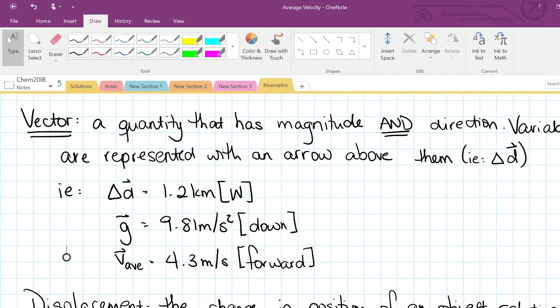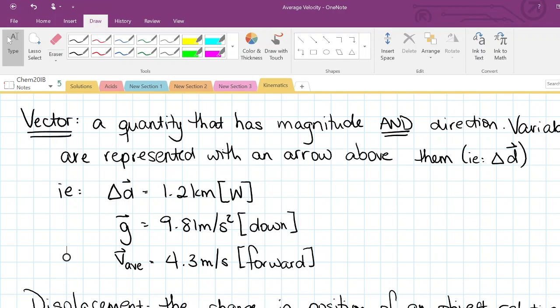The way we represent vectors is using an arrow. An arrow represents the vector. And the other thing to keep in mind is that the length of that arrow also represents the magnitude of that particular vector quantity.